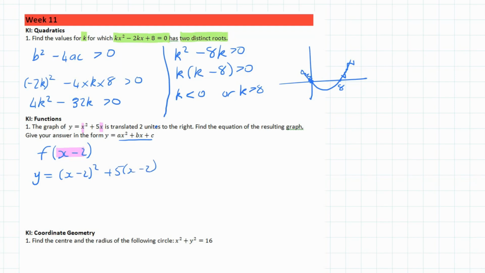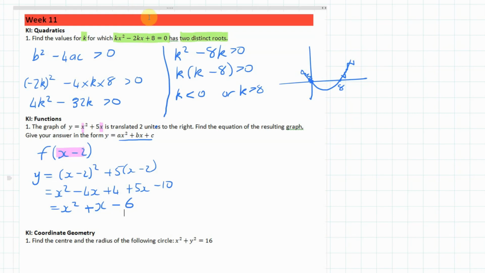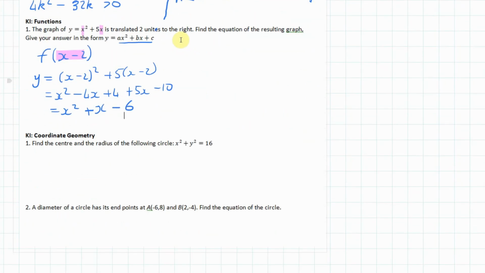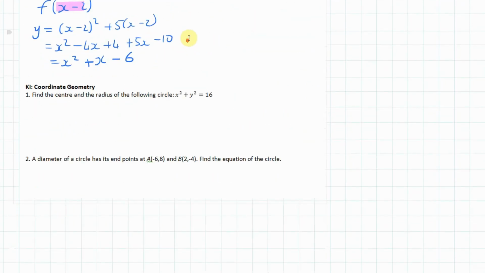Now what we do there is we expand our bracket, and then we expand the other bracket, 5x minus 10, and then we just have to gather all of our like terms to give them what they want, which was x squared plus x minus 6. There we go. There's our functions question for the week. Easy peasy so far.